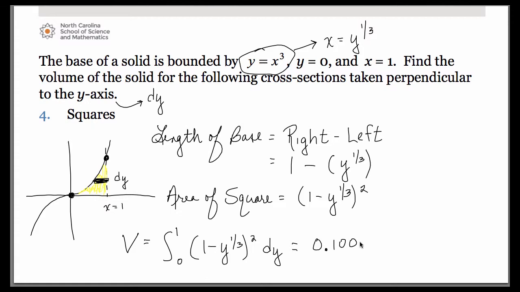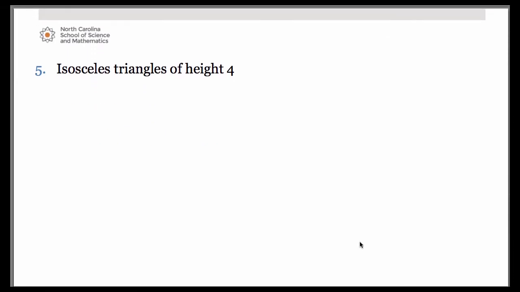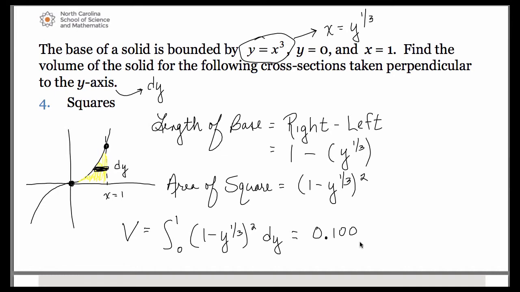So we have 2 more to look at using this same setup. So the next one we're going to look at, we now want our cross sections perpendicular to the y-axis to be isosceles triangles of height 4. For isosceles triangles, you're simply going to use that typical 1/2 base times height. And you're given the height. The base is what we already found, the 1 minus y to the 1/3.